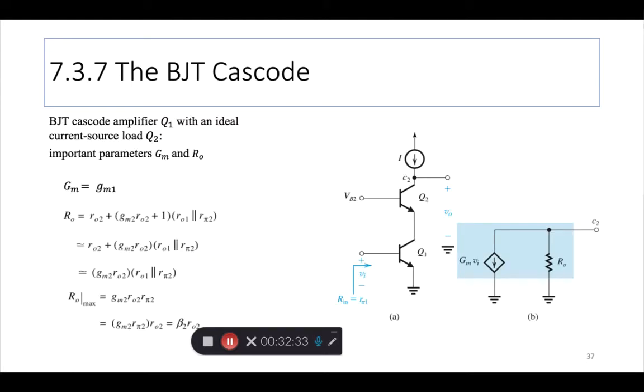Okay. Next, we come to another important topic, which is the BJT cascode. So far what we have studied are MOS cascodes, and you saw some basic topics. What is a cascode cell? What is double cascoding?